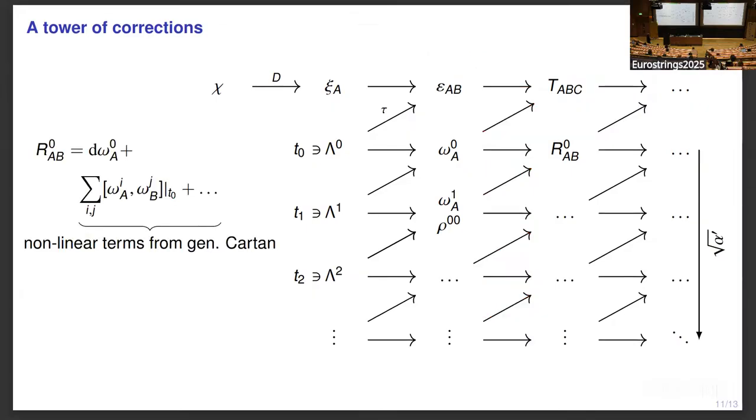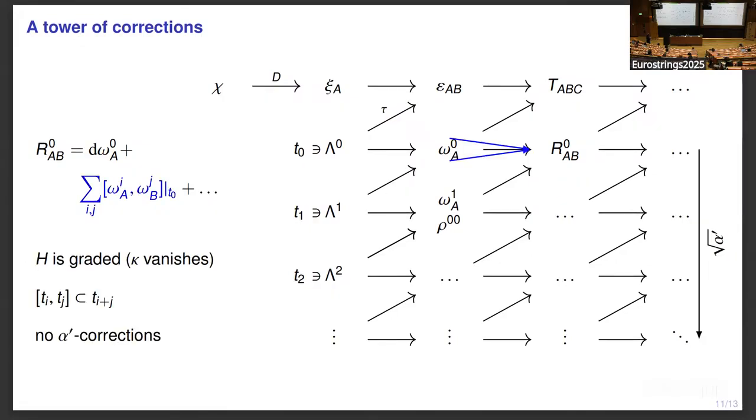And then the question is, how do these alpha prime corrections land up here? When you look at the linearized level, you will not see it. But at the nonlinear level, you will see that you have a commutator between two of these connections. And then you just have to remember what this Lie algebra H is. So when this kappa here, which controls this Lie algebra, vanishes, it is just a graded Lie algebra.